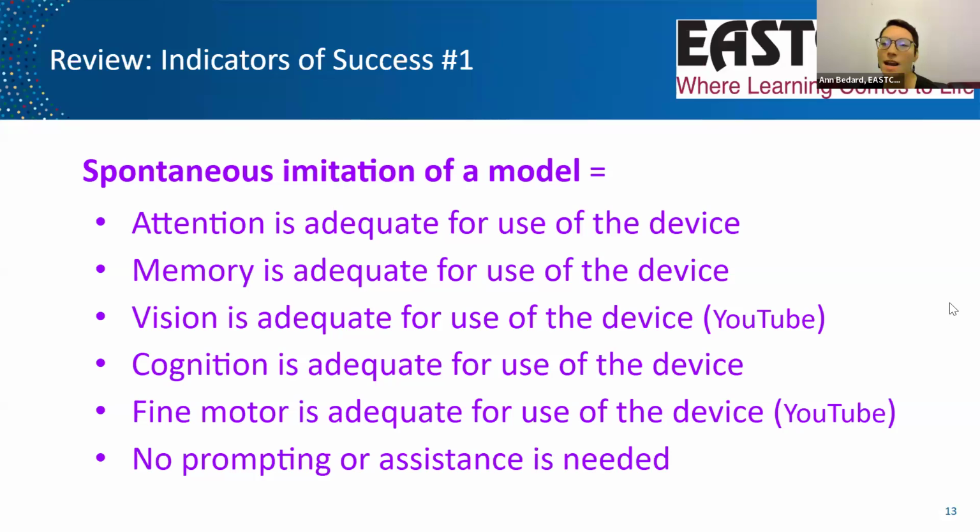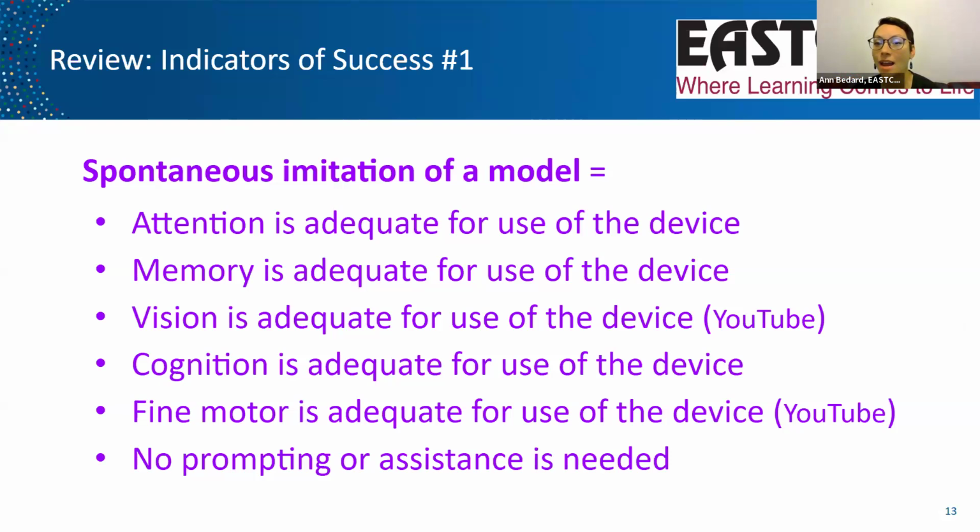Okay, so many things are happening in this video, but I want to point out what I mentioned as a number one indicator of success: the spontaneous imitation of a model. Some of you might notice these phrases about things being adequate come from insurance funding letters of justification.